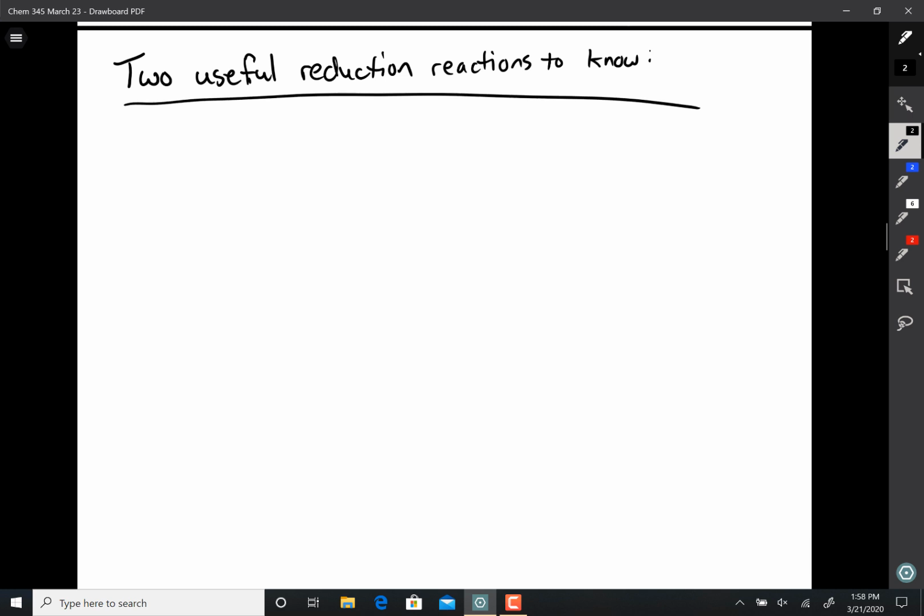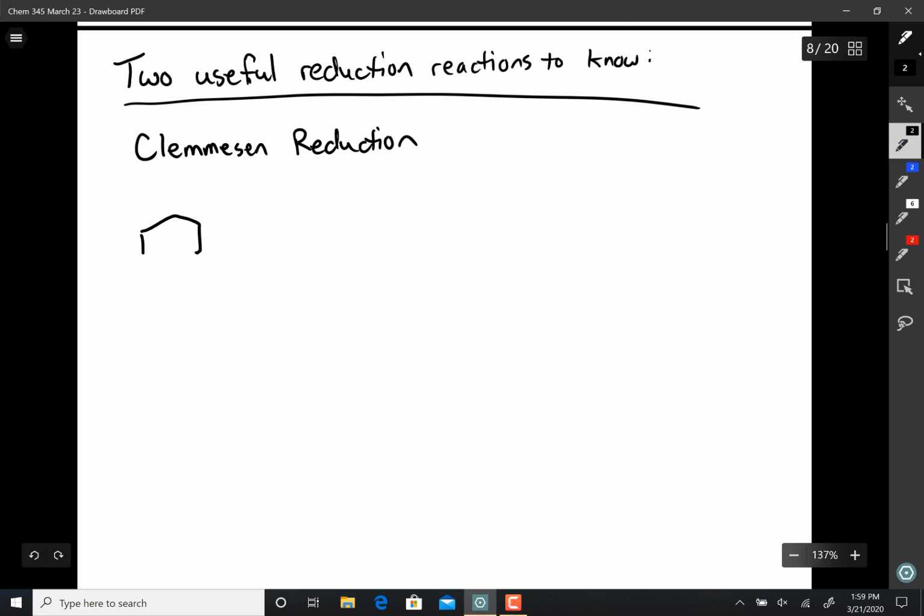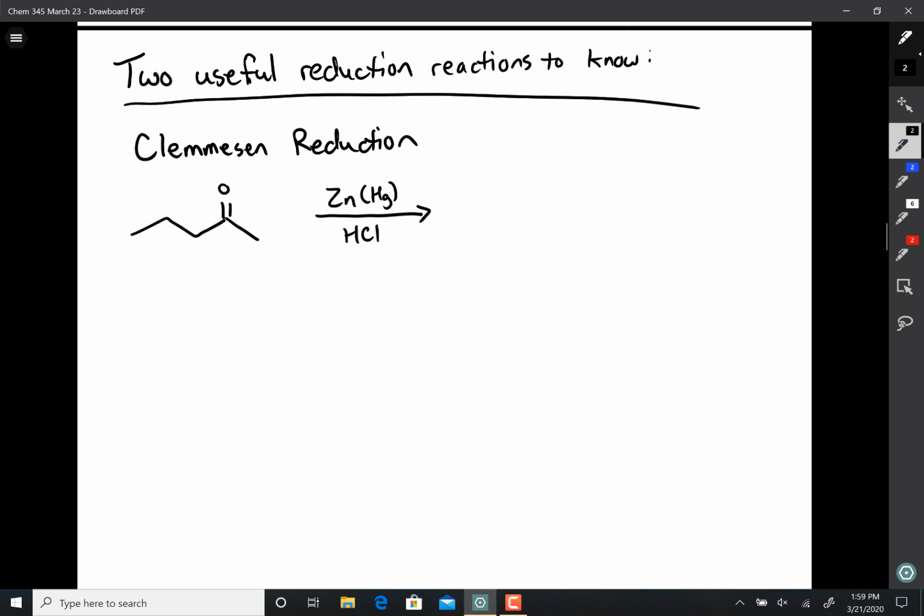Now, real quick, there are two reducing reactions to know. I meant to cover these earlier, but we just ran out of time. There's the Clemmensen reduction, which uses zinc mercury amalgam and hydrochloric acid.